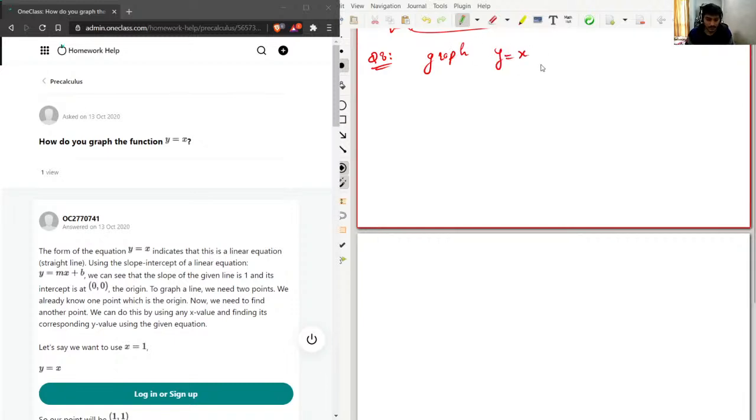Look, for this kind of graph, we have various methods to graph this straight line. First of all, I can clearly say that this is a straight line. One method is to take the general equation of a straight line, the slope intercept form. This is y equal to mx plus c, where m is the slope and c is the y intercept.